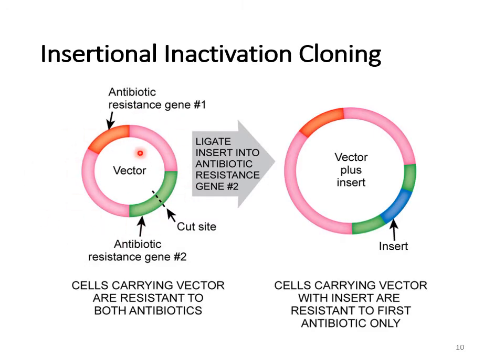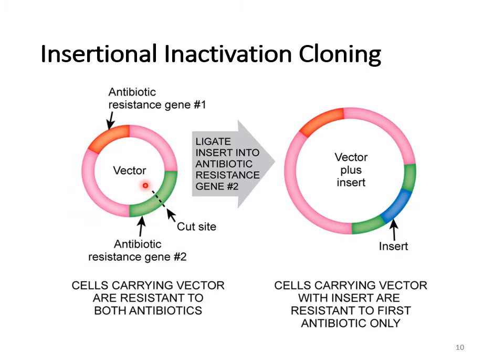The plasmid will have two different antibiotic resistance genes. This top one is resistance for ampicillin, for instance. This bottom one is resistance for kanamycin, for instance. So AMP resistance and KAN resistance.